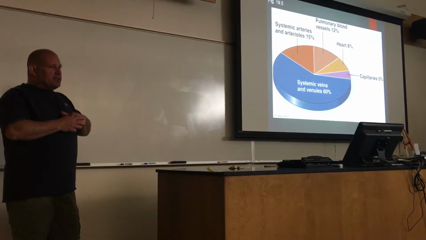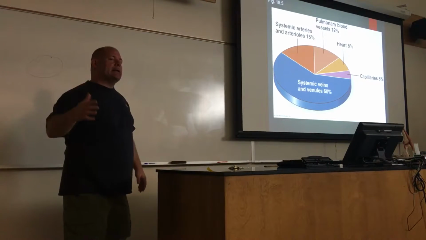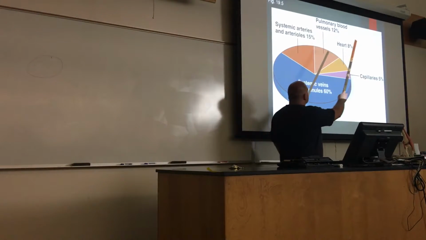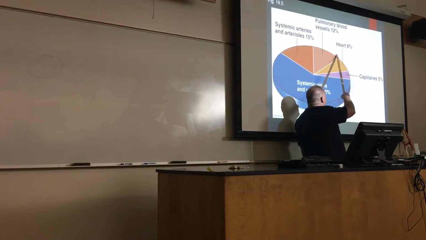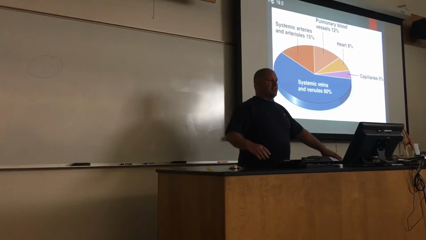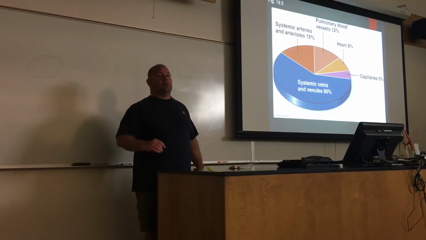And then basically, even though the numbers don't add up completely, you could say that 15 is in the arteries, 15 is in the pulmonary system, and the heart and the capillaries make up the other 15. Again, they're not going to add up to a complete 100, but it gives you a rough idea about where things are.